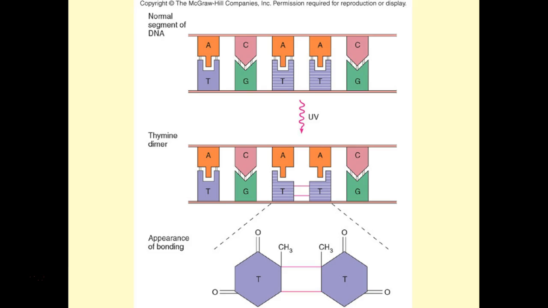Any 2 thymines that are next to each other, and to a lesser extent, any two cytosines that are next to one another, or a cytosine and thymine that are next to one another. It primarily causes thymine dimerizations, but all pyrimidines can be affected. So here you can see abnormal bonding that is happening between these thymines, and this is going to affect transcription and translation.